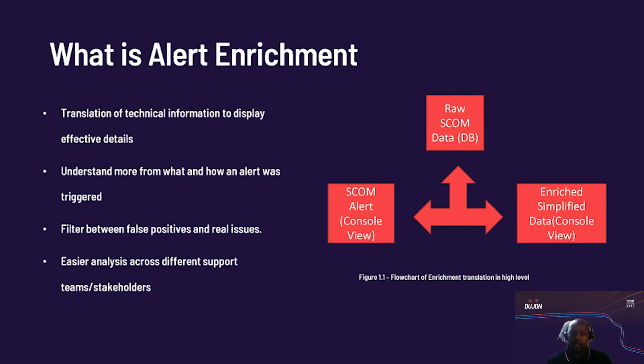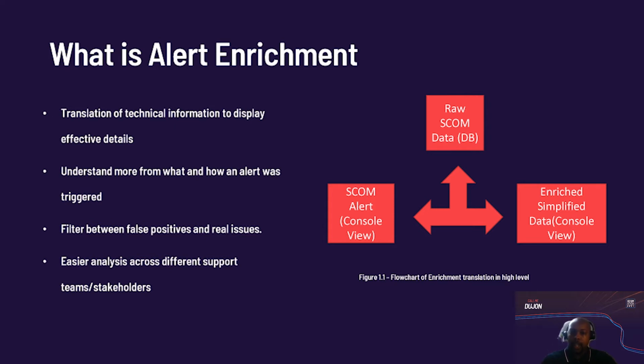If we look at figure 1.1 here, how it works is it takes the actual raw SCOM data going into the SCOM console, and the alert view is where you would see all of your alerts come through.